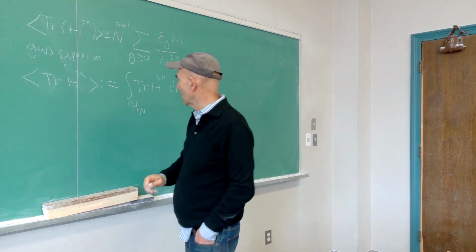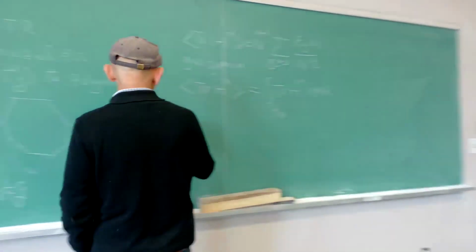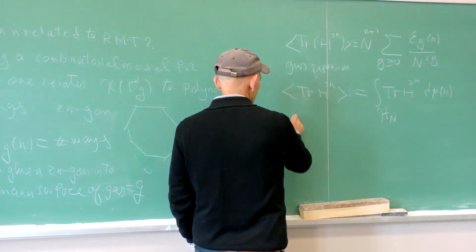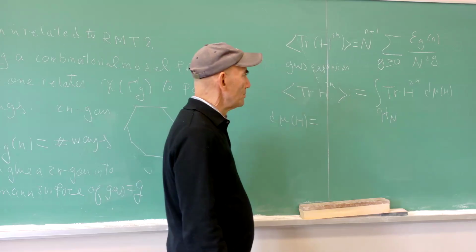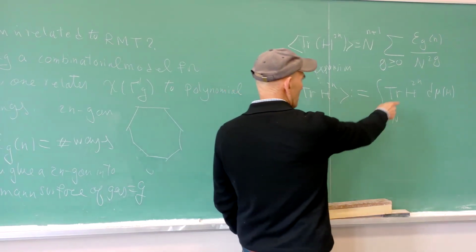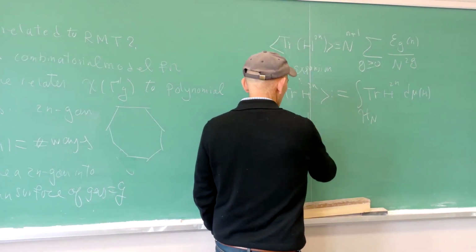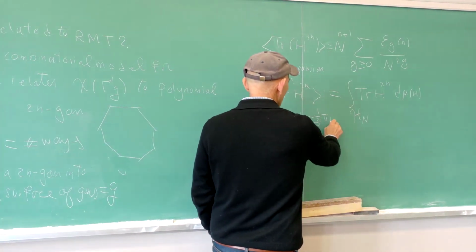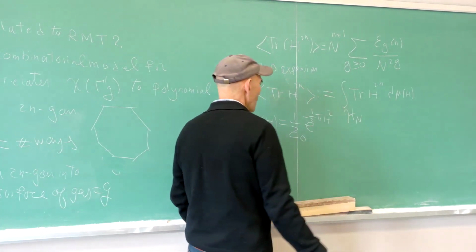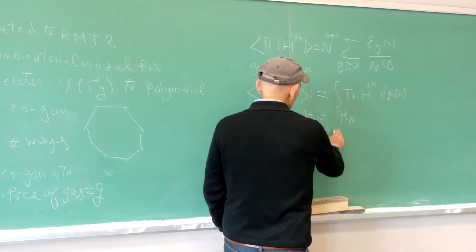Of course, d mu of h is equal to 1 over Z_0 times exponential of minus 1/2 trace of h squared dh.